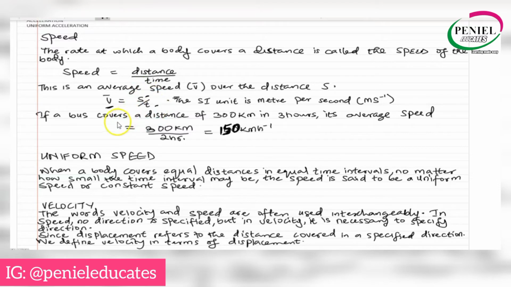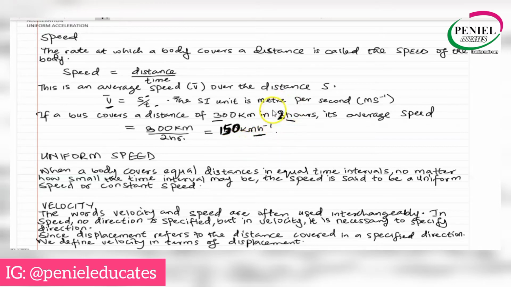For example, if a bus covers a distance of 300 kilometers in 2 hours, then 300 over 2 gives us 150 kilometers per hour.